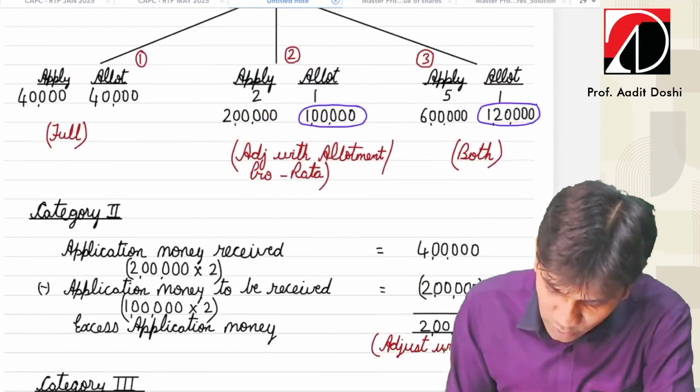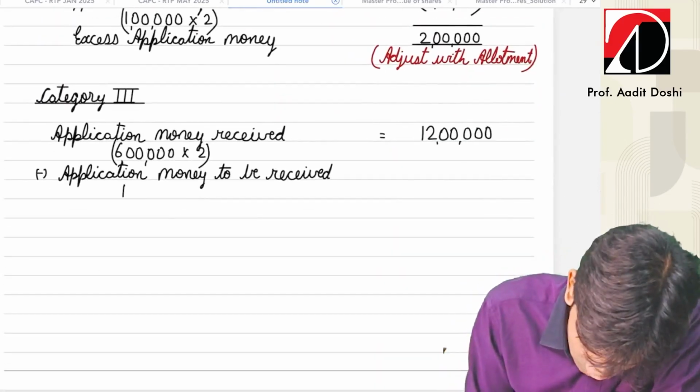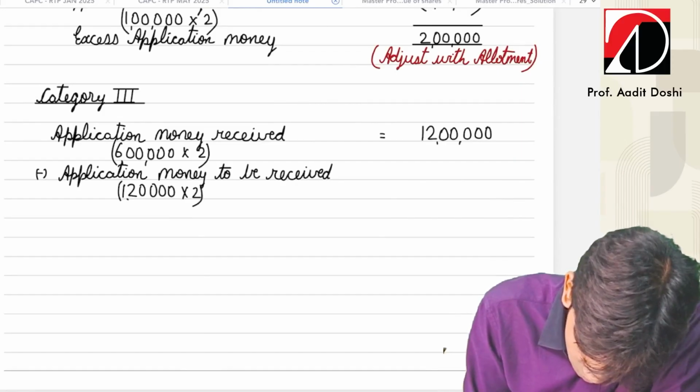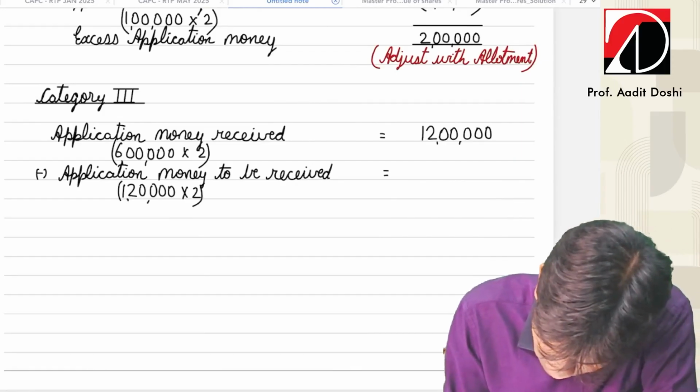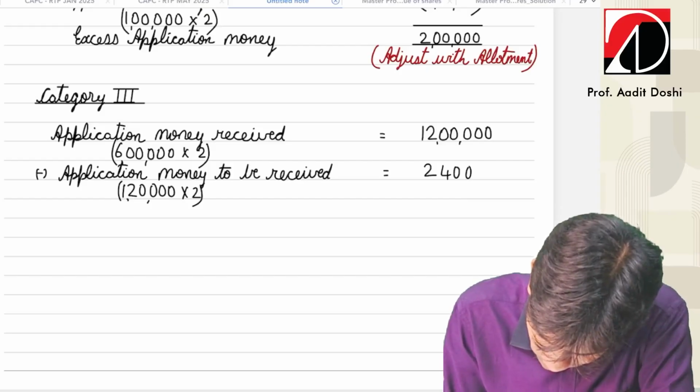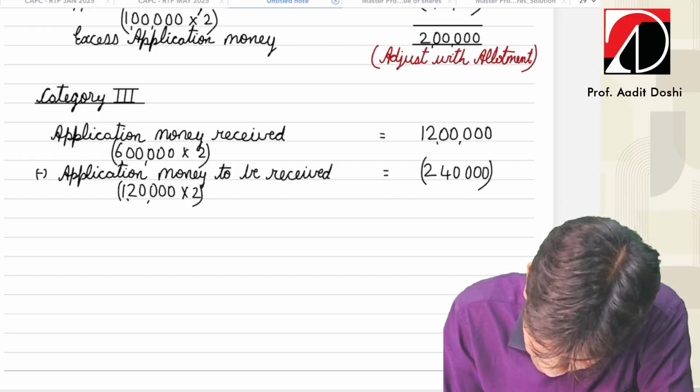On how many shares was I allotted? 1 lakh 20 thousand. So this comes to 1 lakh 20 into 2, 2 lakh 40. You can see my working note pattern remains the same.